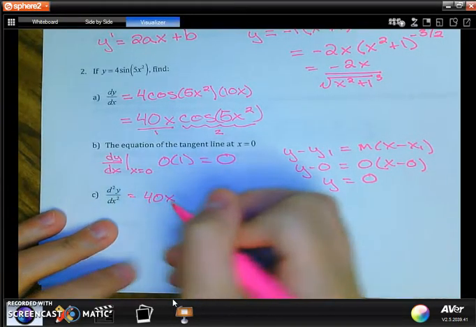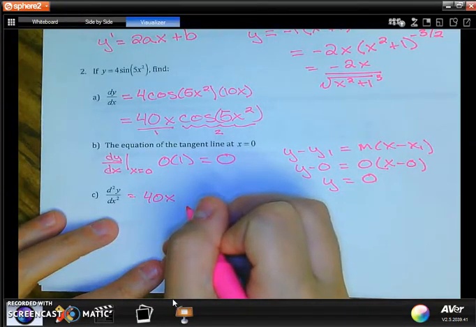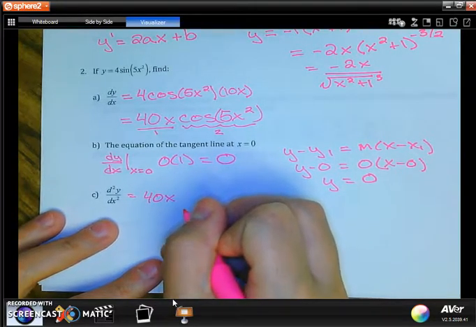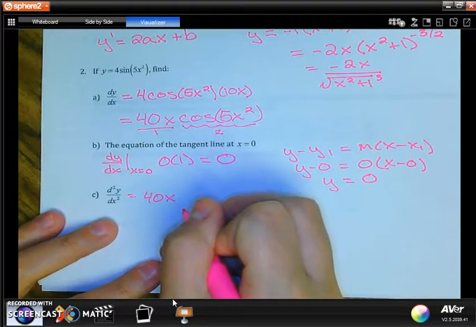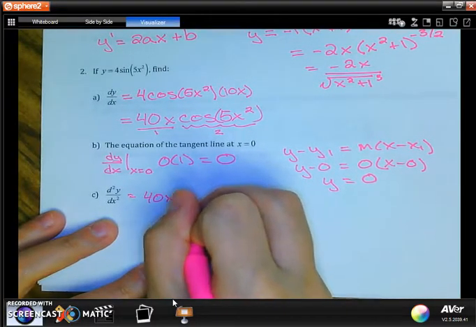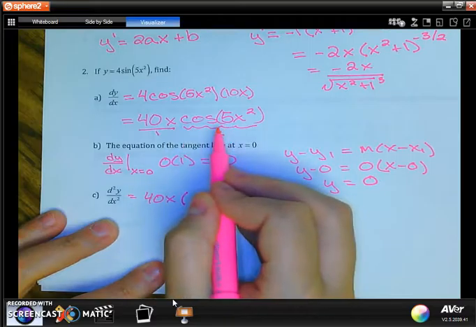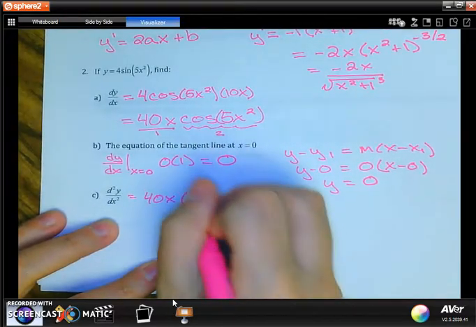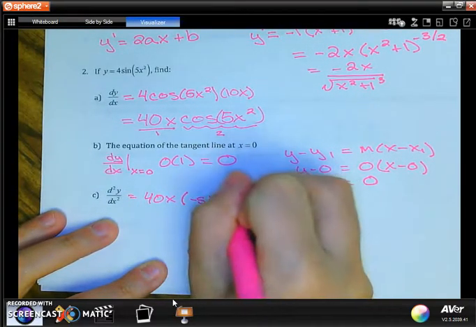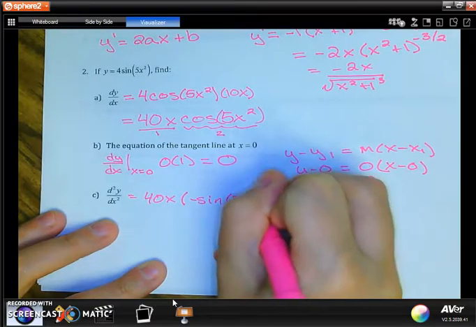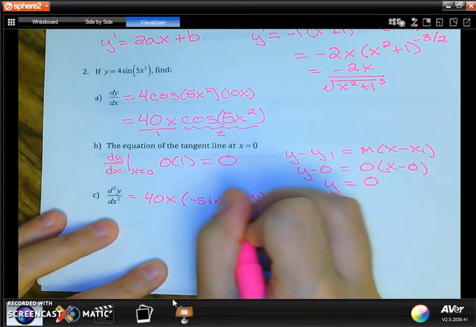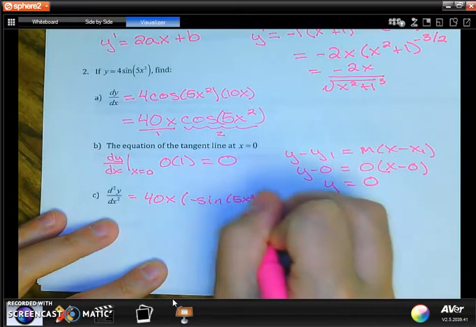first times the derivative of the second. Now the derivative of the second, within there is a chain rule, okay? So this is a little tricky. So if I asked just for the derivative of this, well, the derivative of cos is negative sine. So it's negative sine of that thing, okay, times the derivative of the inside there. So that's times 10x, okay?